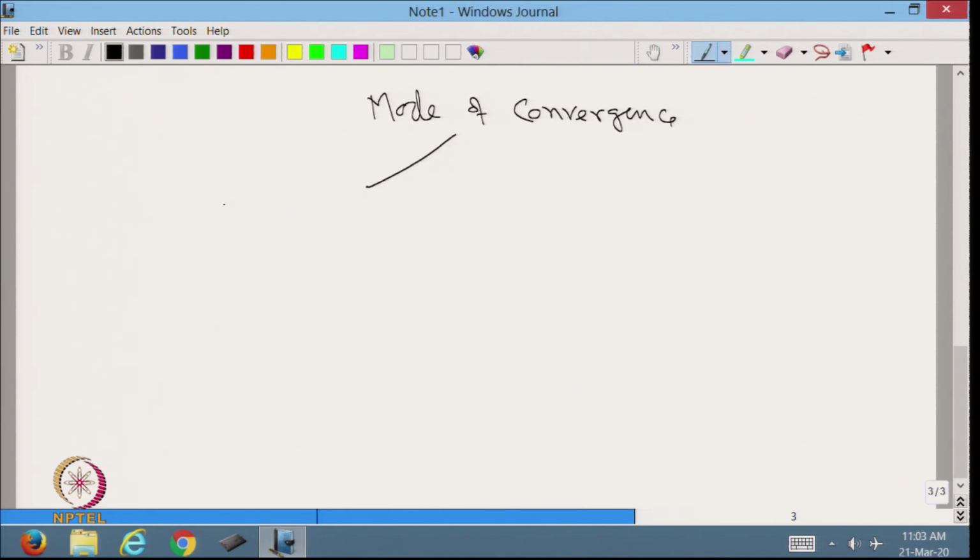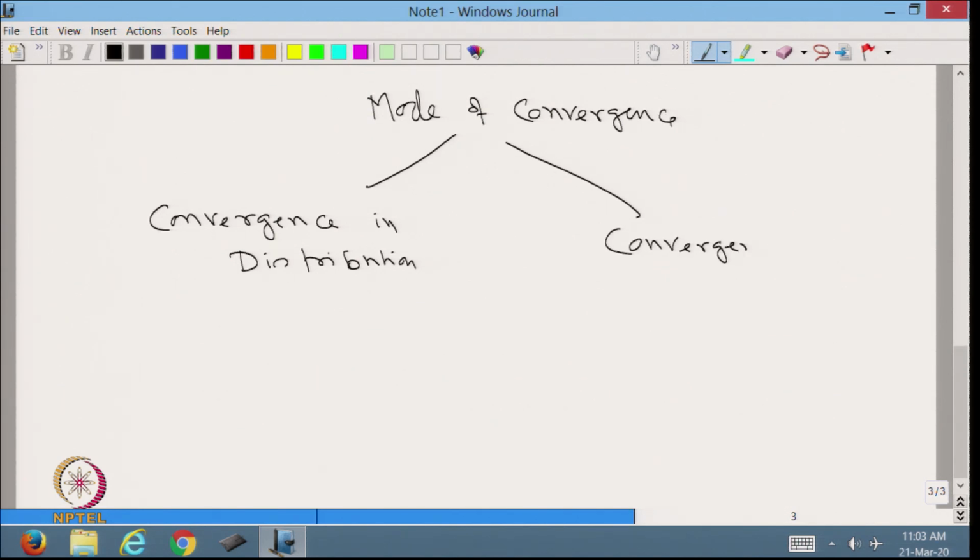Here we looked at convergence in distribution, and also we have looked at convergence in probability and almost sure convergence.